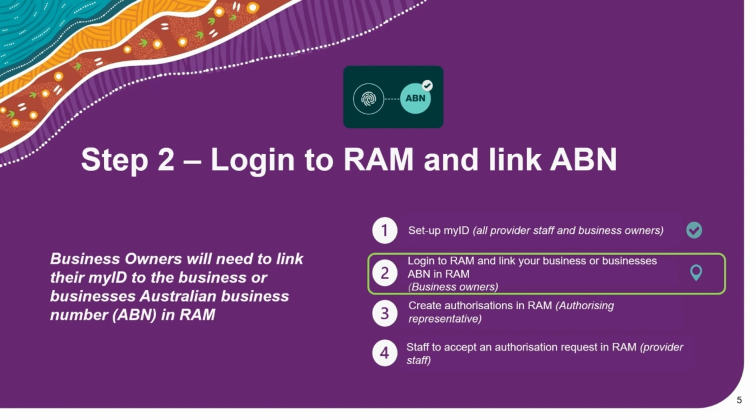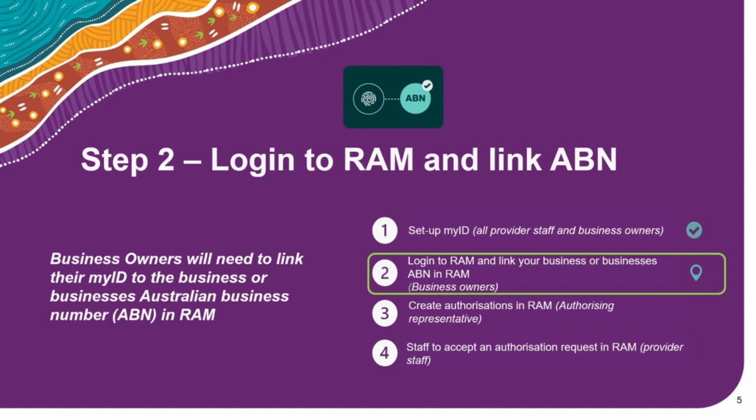Step 2 of the transition is only required for business owners to complete. Once your myID is set up, the next step for business owners is to log into RAM with their myID details and link the ABN of their business or businesses. To link your business online, you'll need to be an eligible associate in the Australian Business Register, or ABR, and have a strong digital ID.